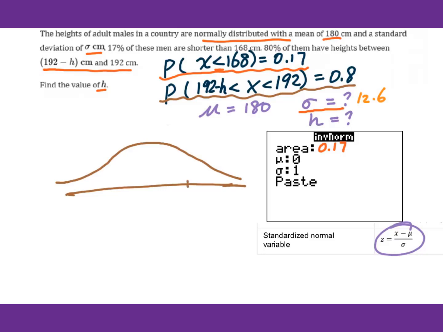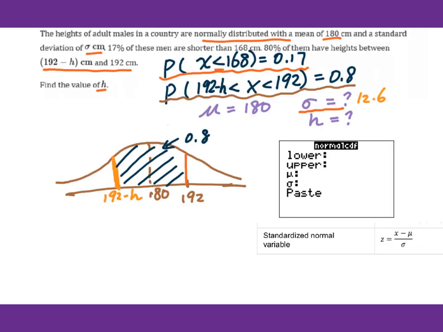You will see here is 192 because the mean is 180. So suppose this one is 192 minus h. This area will be 0.8.